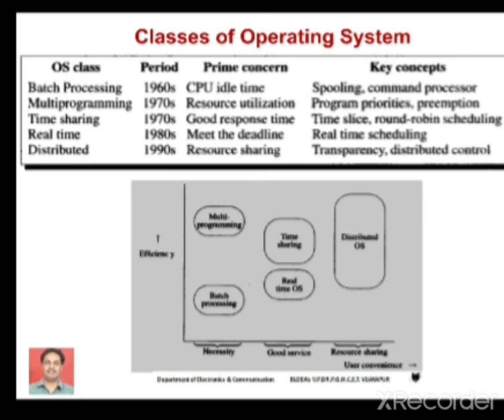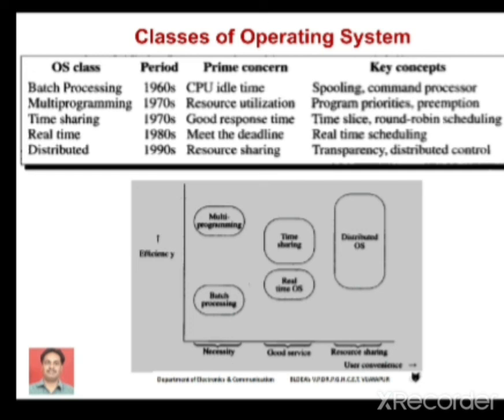Then we have distributed operating systems, developed in the 1990s. The main goal of distributed operating systems was to provide sharing of resources. Dear students, LAN, WAN, and the internet are all examples of distributed systems.